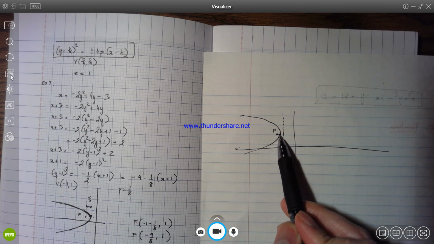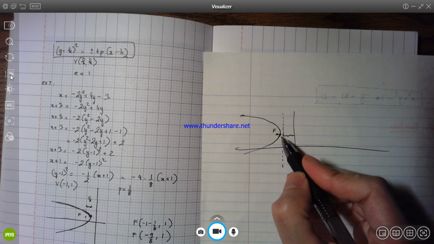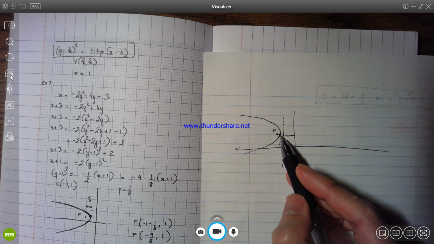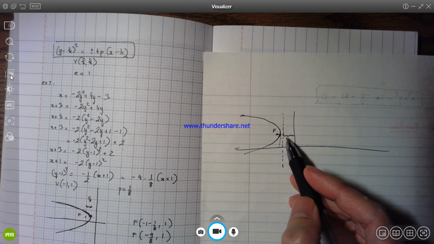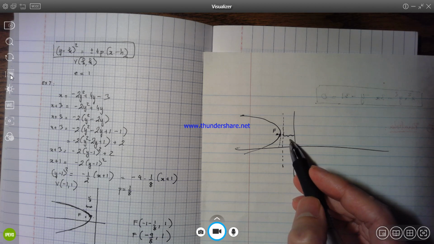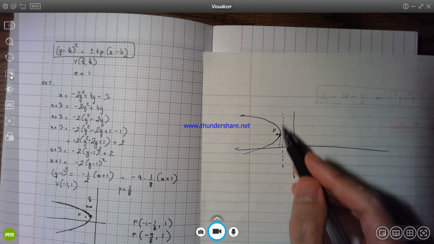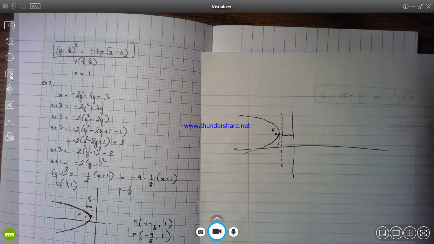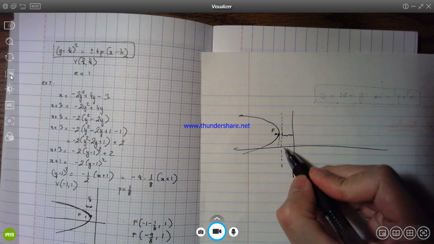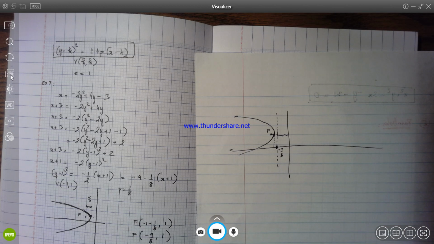So for the directrix equation, you take 1 minus 1/8, which gives you 7/8 as the distance. But because we want to write the equation of the vertical line of the directrix, it must be negative 7/8. Okay, so negative 7/8 right here. So that's what it is.